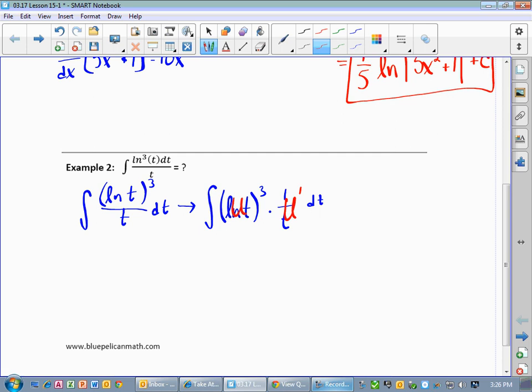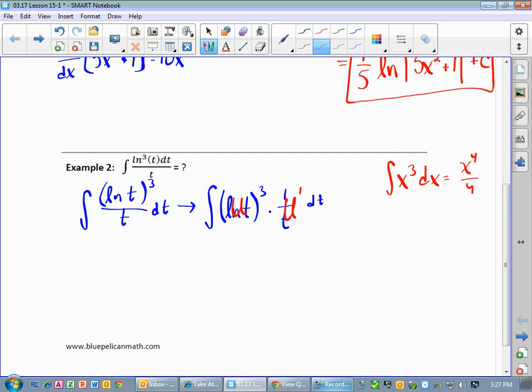All right. So we want to integrate u cubed times u prime, or times du as we've seen it before, right? Then we can follow the power rule. It's just like the integral of x cubed dx. So what's the integral of x cubed dx? x to the 4th over 4.